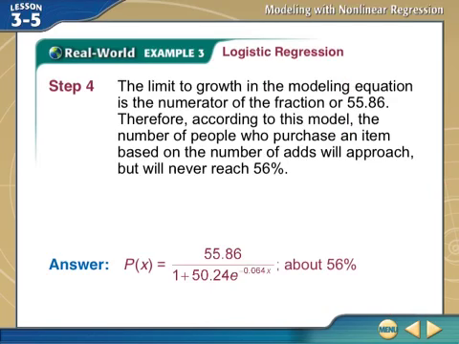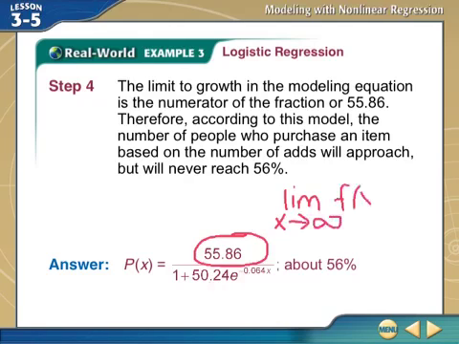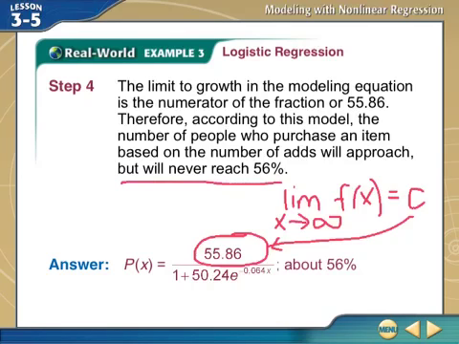Well, according to this type of function, your numerator is the limiting percentage. So that C value, which is your numerator, gives the limit as x approaches infinity of the function. So your highest percentage, no matter how many ads are run for this item, will never reach 56% because the limiting percentage is 55.86.